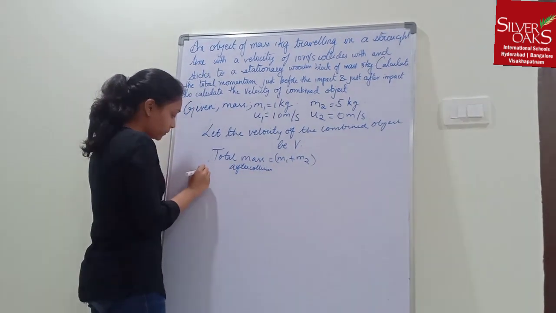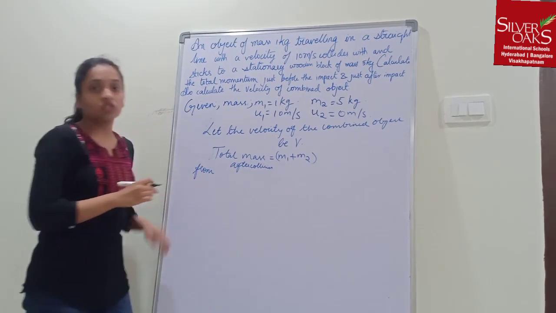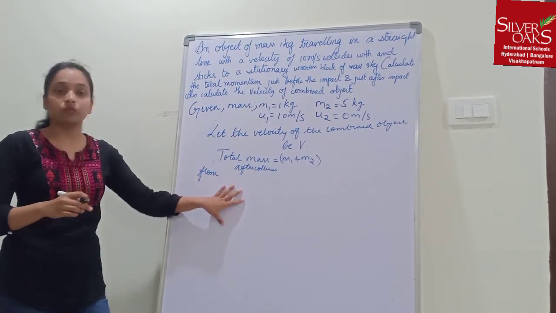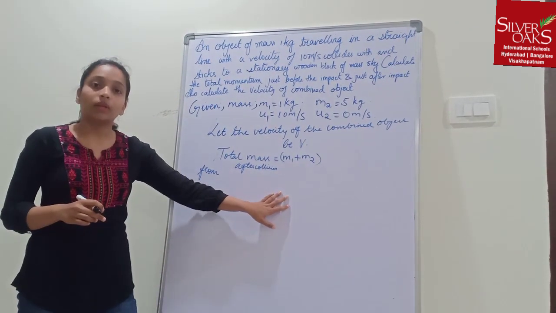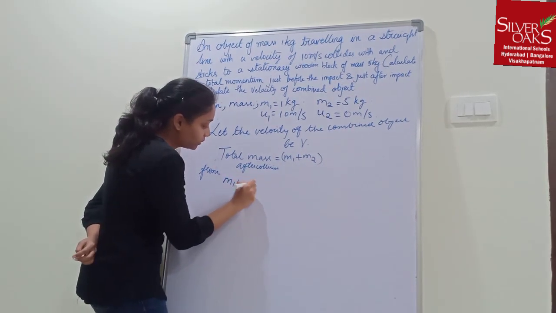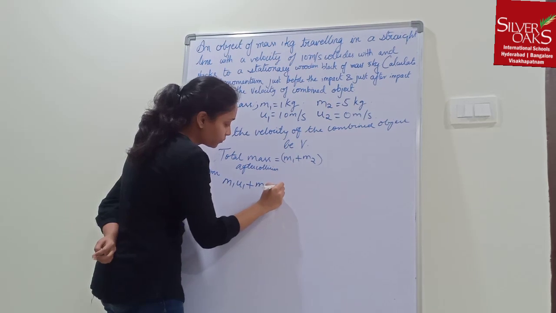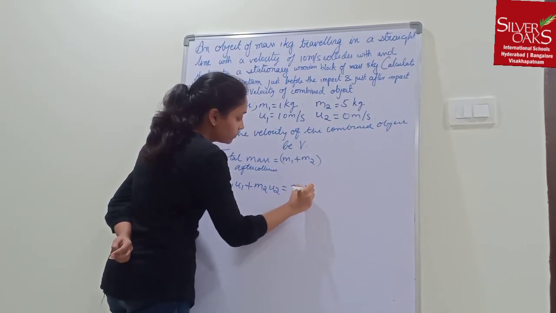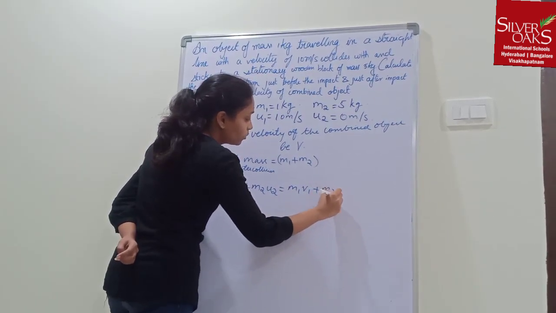So from the law of conservation of momentum, we have total momentum before collision is equal to total momentum after collision. So m1 u1 plus m2 u2 is equal to m1 v1 plus m2 v2.